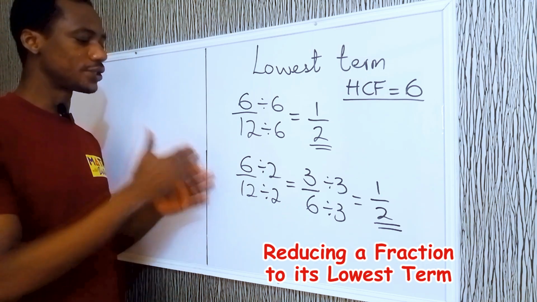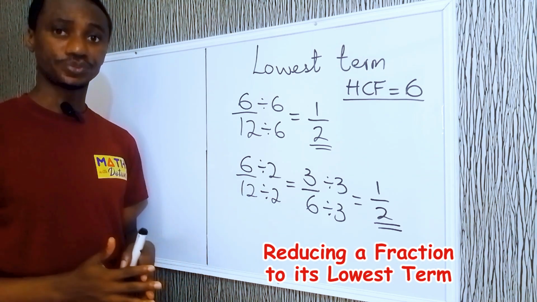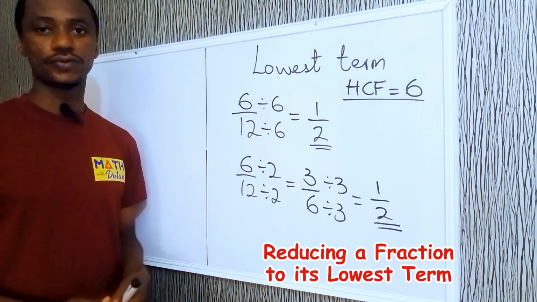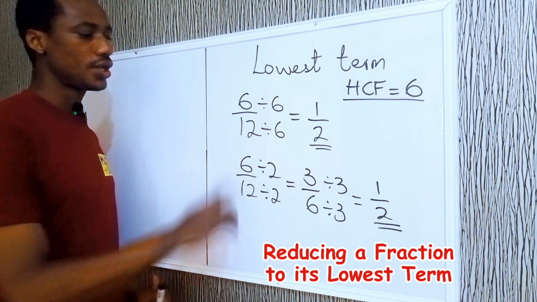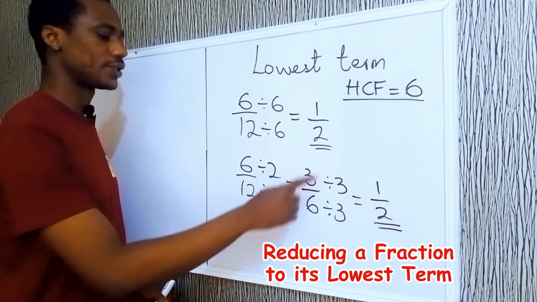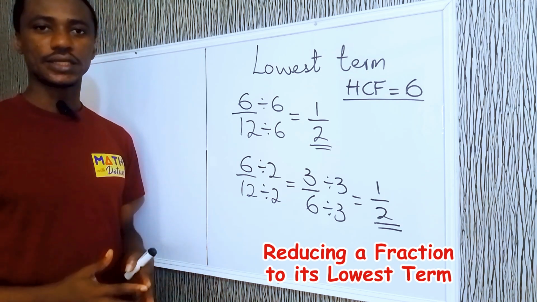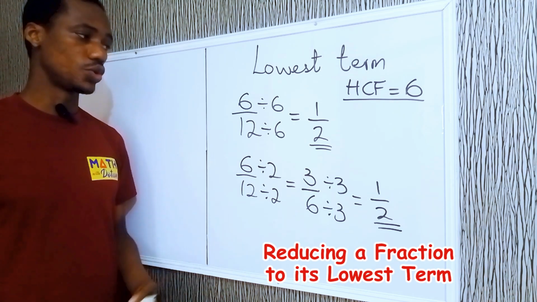So you can simplify it bit by bit if you can't easily find the highest common factor. You keep simplifying until you get to a point where there is no single number that can divide 1 and 2 apart from 1. That is how to reduce a fraction to its lowest term.